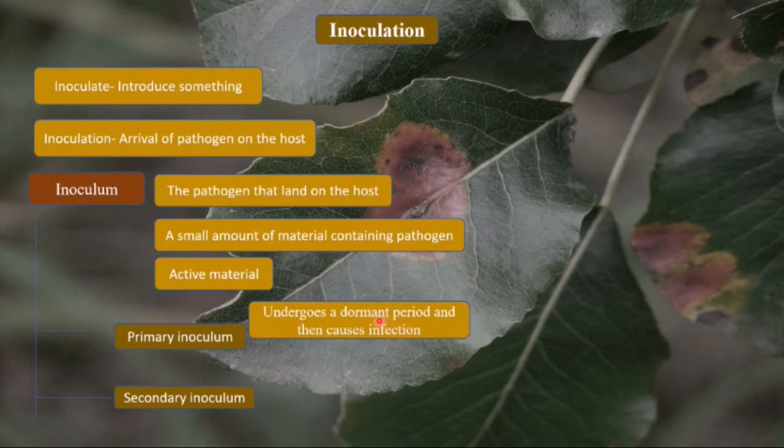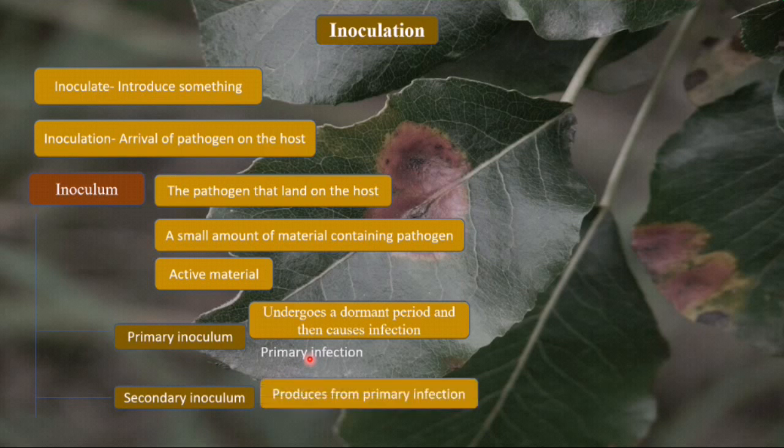So any inoculum that is going to go through a dormant period and then cause infection to the new crop that has arrived is called primary inoculum. So primary inoculum leads to infection, that is called primary infection. So in other words, infection caused by primary inoculum is called primary infection, right?